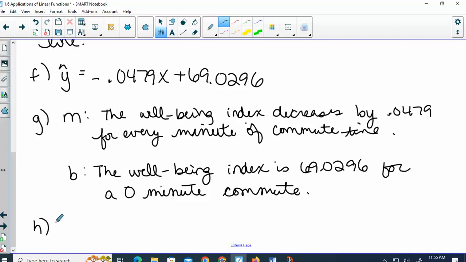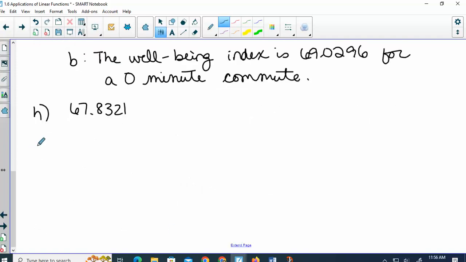Plug 25 into your equation, and you should get 67.8321. So then, I asked for the residual. You forget, residual from your formula sheet is observed minus predicted. Observed is what actually happened. So look back up in your table.